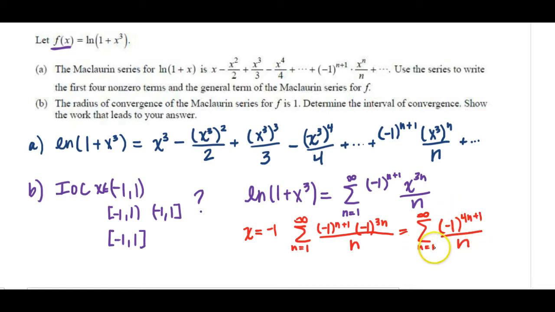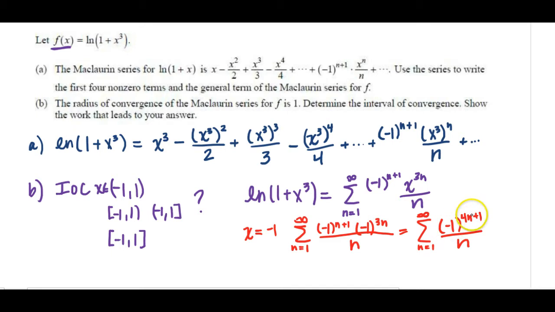And so now let's think about, as I substitute in values for n into this exponent here, if I substitute in a 1, I'm going to get a 5. -1 to an odd exponent is still -1. If I plug in 2, 2 times 4 is 8 plus 1 is 9. And then I'm going to get 13 and 17. So all of those numbers in the exponent are going to be odd.